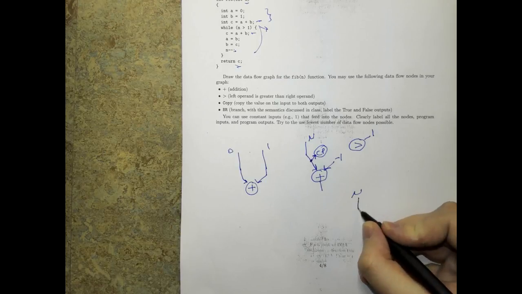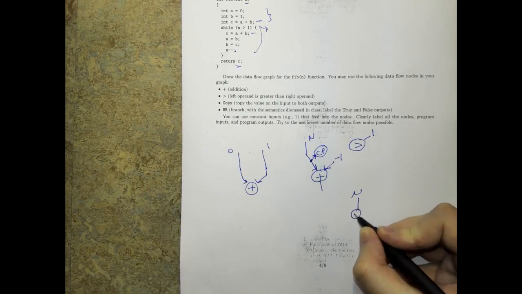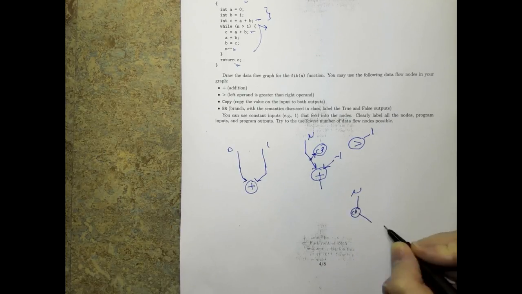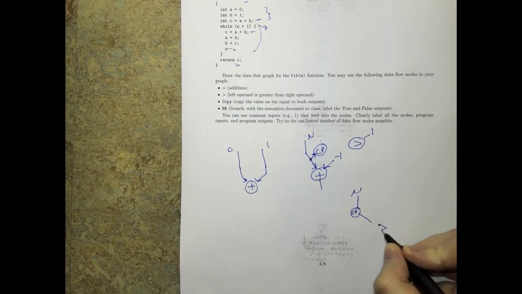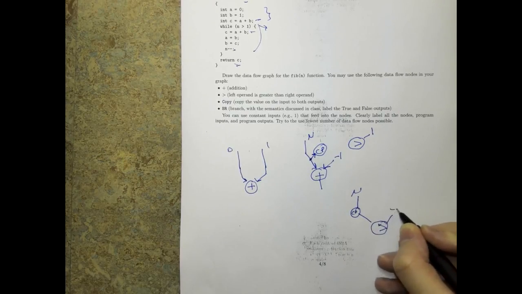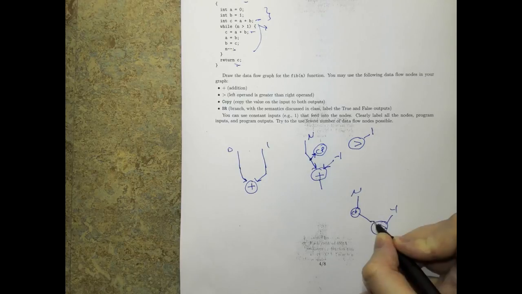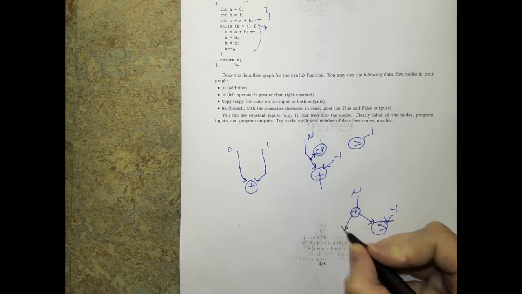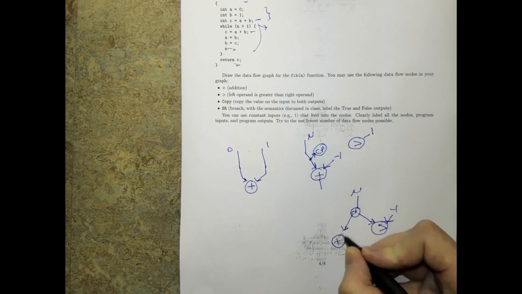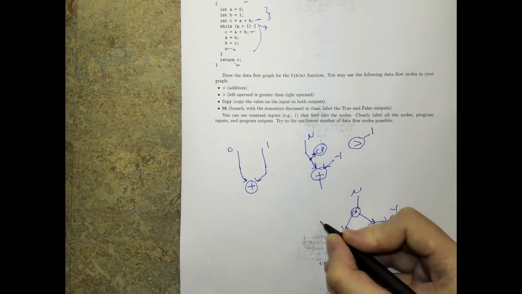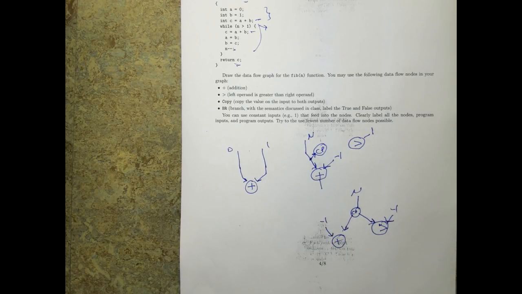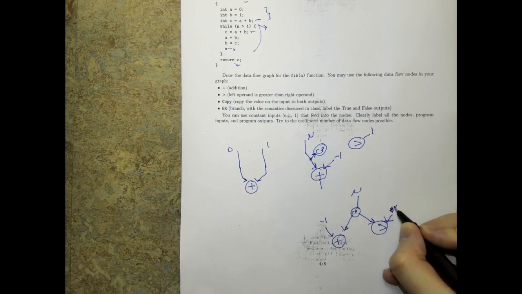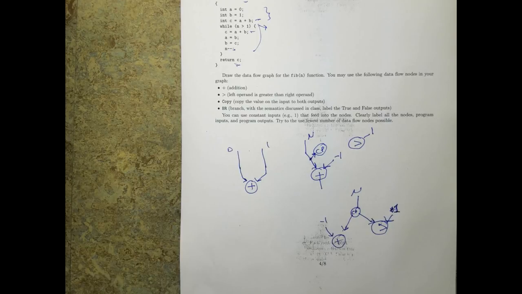We'll copy this n to this comparison node, which gets -1 on the other side. And then we also copy it to the addition node. Is there a question? Yeah, the other one is 1. Yeah, that's true. Okay, we compare it against 1.